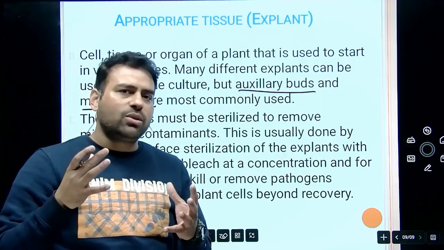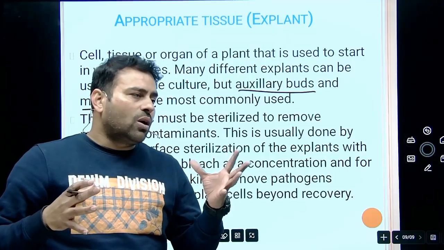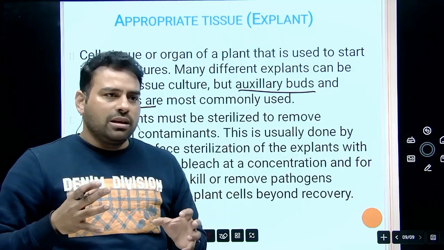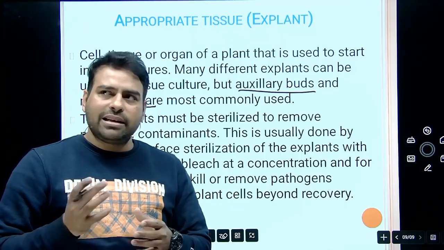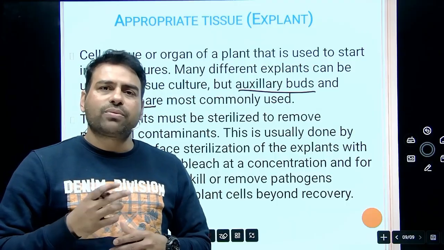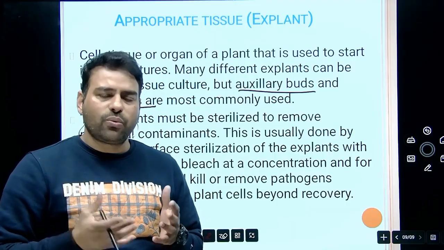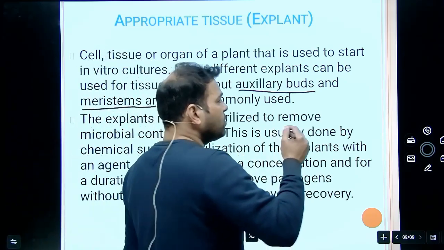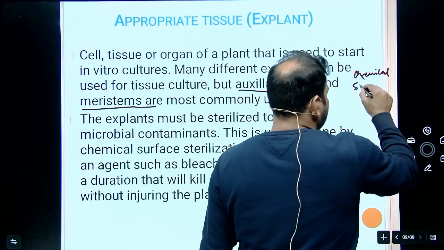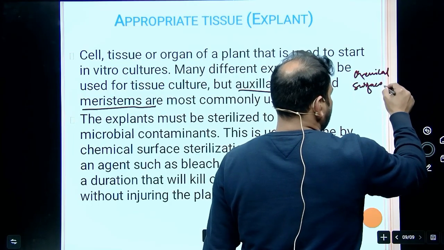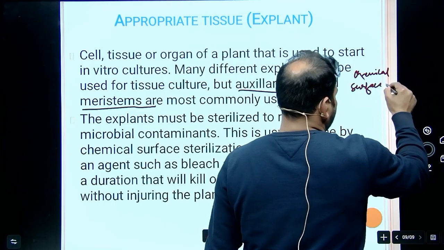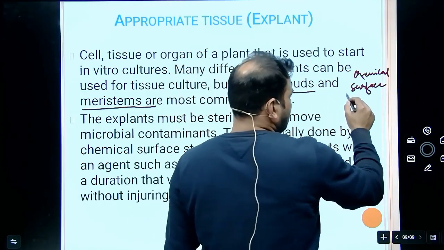The explant we are using is already exposed to the outer environment, so it usually has some bacteria or fungus, some dust and other impurities on its surface. So what do we have to do? We have to chemically surface sterilize it. Surface sterilization we have to do.